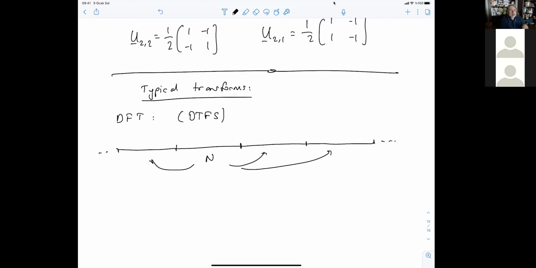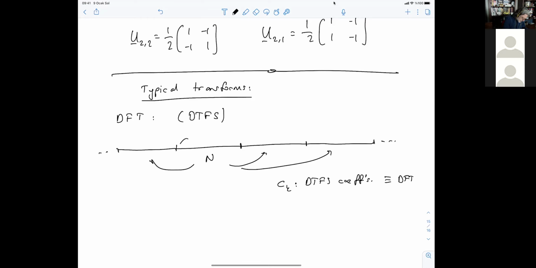So how many Fourier series coefficients does it have? It's a discrete time signal. It has capital N discrete time Fourier series coefficients, C_k, which are DTFS coefficients. And these DTFS coefficients, capital N of them, will be equivalent to the DFT of our signal.